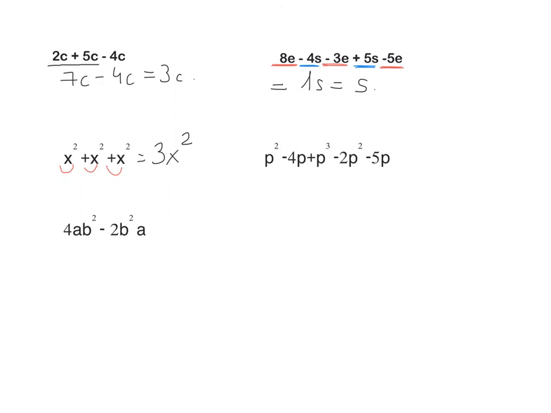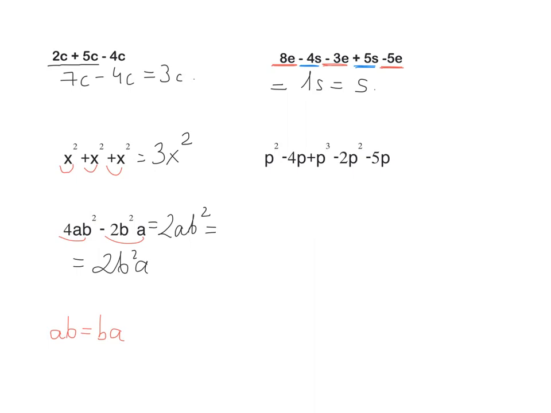Remember, if we have a multiplied by b, this is the same as b multiplied by a, and the same b squared is here. So these terms are like terms, they have the same letters, the order is not important. So 4 minus 2, we have 2ab squared, or you can write down 2b squared a. This is multiplication, okay?